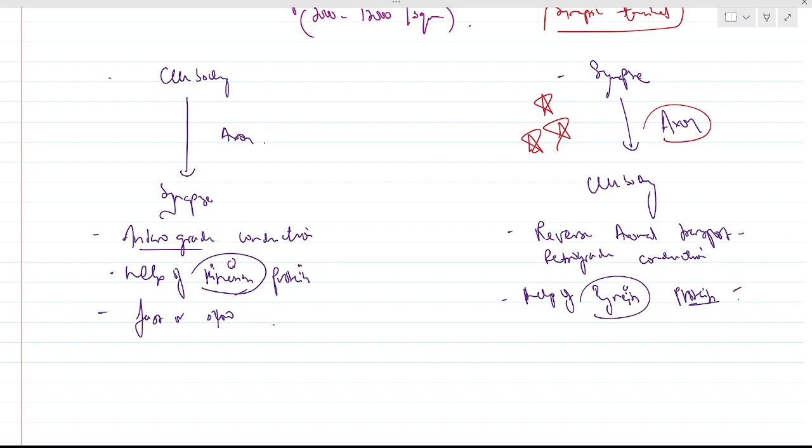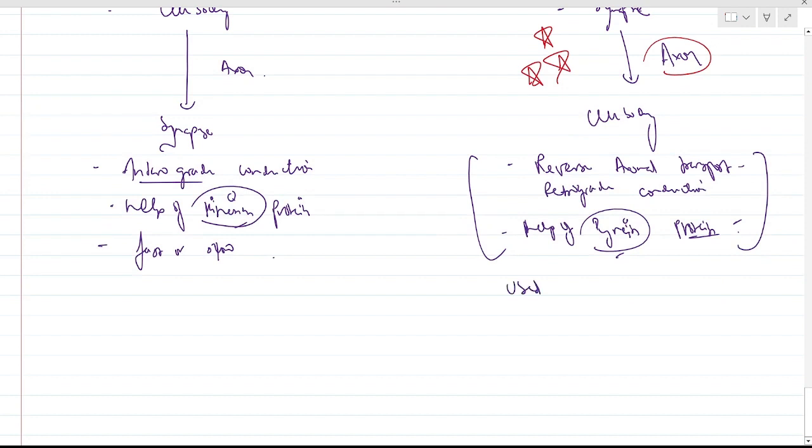Now this reverse axonal transport or retrograde conduction with the help of dynein protein is used for virus invasion or infection.